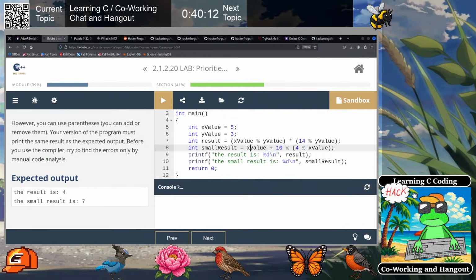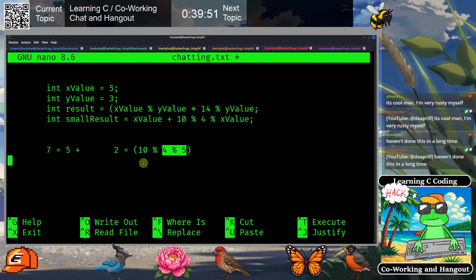Okay, x value plus 10. X value 5 plus 10, 15. 15 modulo 2. Wait, what did we calculate it as? 7.